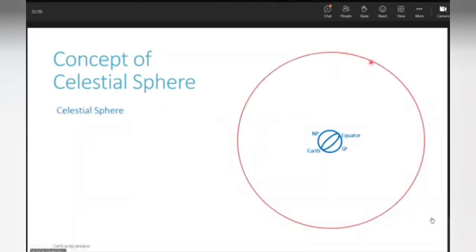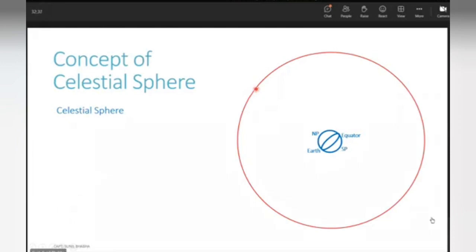Now you see this bigger red color circle in the diagram. This bigger red color circle represents the celestial sphere. To define any sphere, we need to specify the center of the sphere and the radius of the sphere.